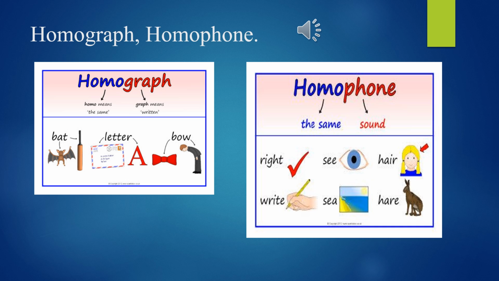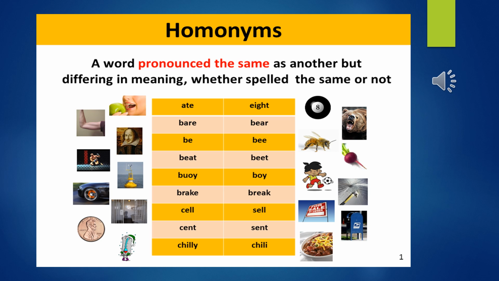A homophone is a word that has the same sound as another word but is spelled differently and has a different meaning, like right, write, see, sea, hair, hare. And last but not least, homonyms.